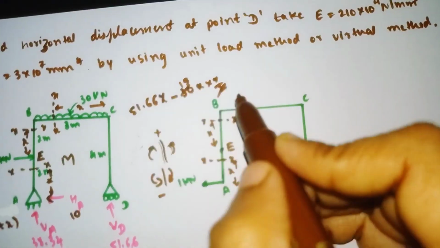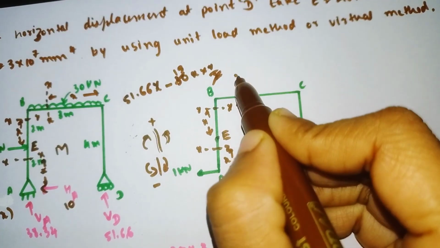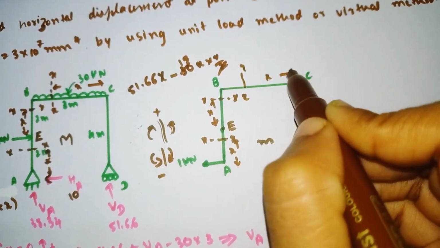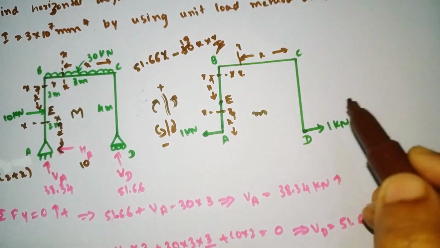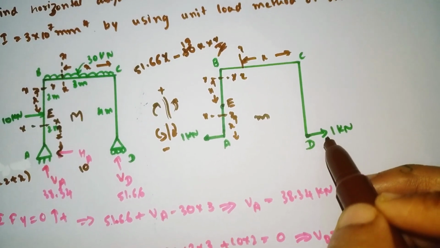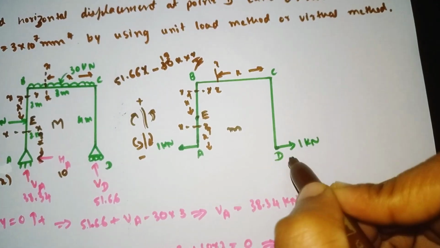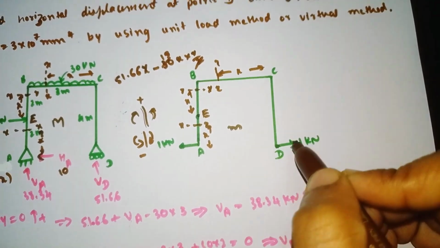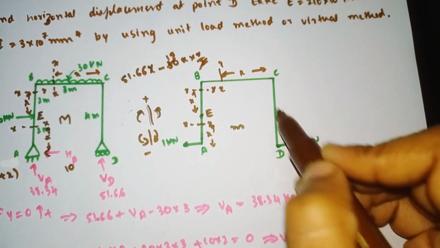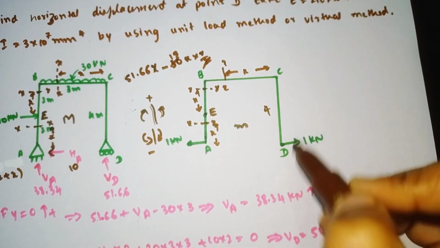Similarly for small m, if you cut the section x axis at a distance x from the origin C, the 1 kilonewton is moving horizontally, no? So at what distance is it moving? We need to take the perpendicular distance. The perpendicular distance of this CD is 4 meters.